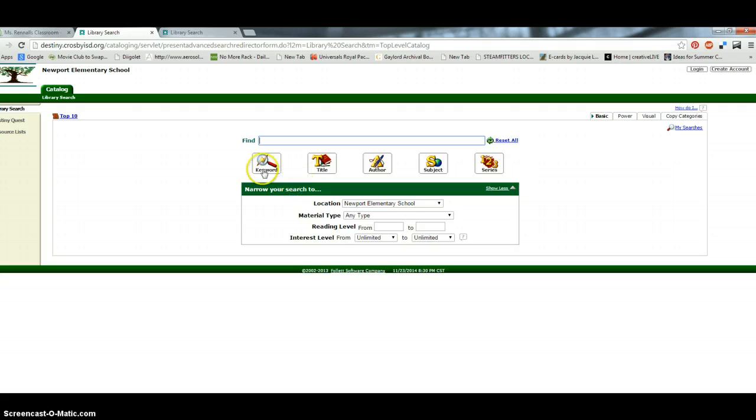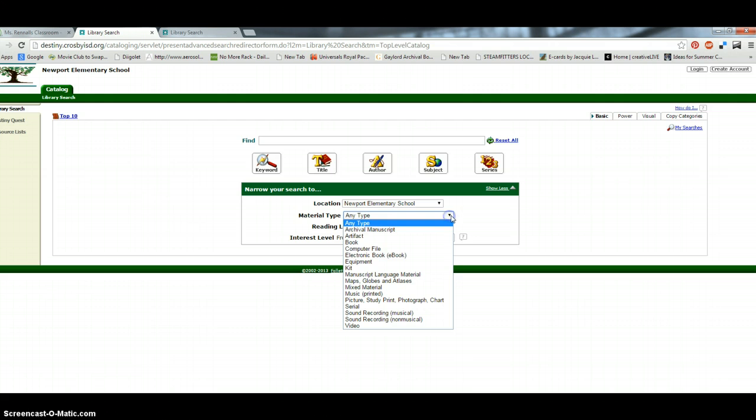So now, also, if I needed to refine my search, in other words, I was looking for just books or just e-books or just CDs, this box down here will help me narrow my search. We have to use Newport Elementary School while we're here because we only support our school's library at this moment. At the moment you cannot check out from Crosby Elementary or Barrett Primary.